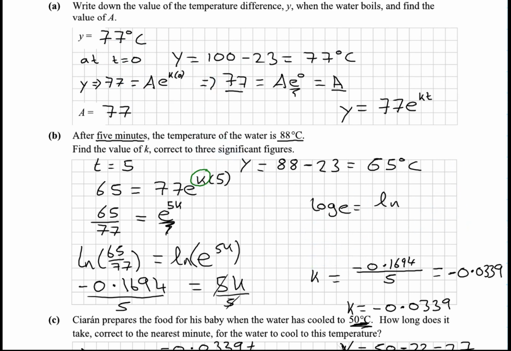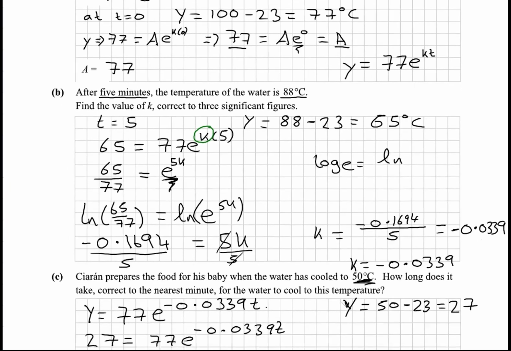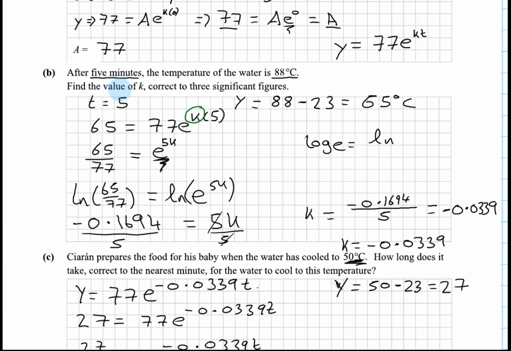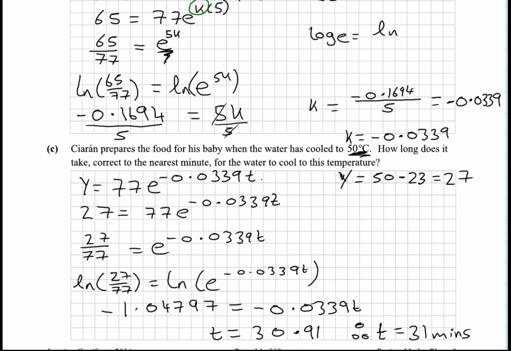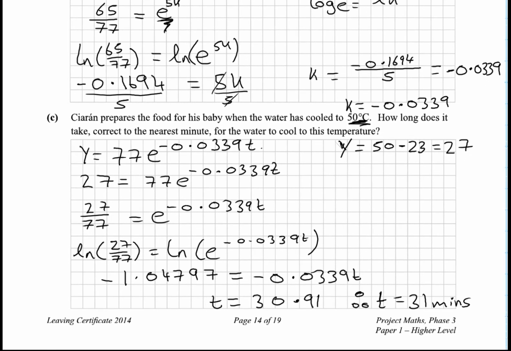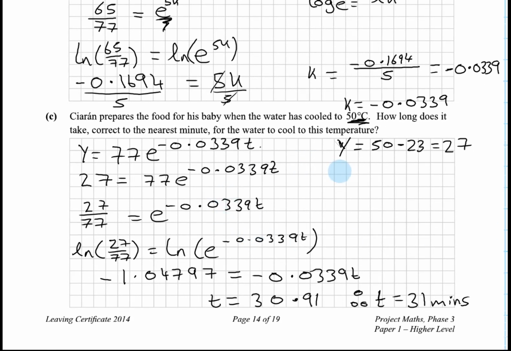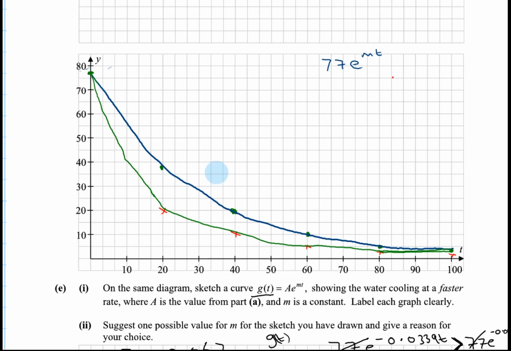Then for part B, we just put t as 5 minutes, and we already had the value for y, so we could just sub everything in and get our second variable. And then C was basically just putting in a value for y and getting t, so a lot of it was very similar. Then moving over to the second page, doing the first graph was easy enough.